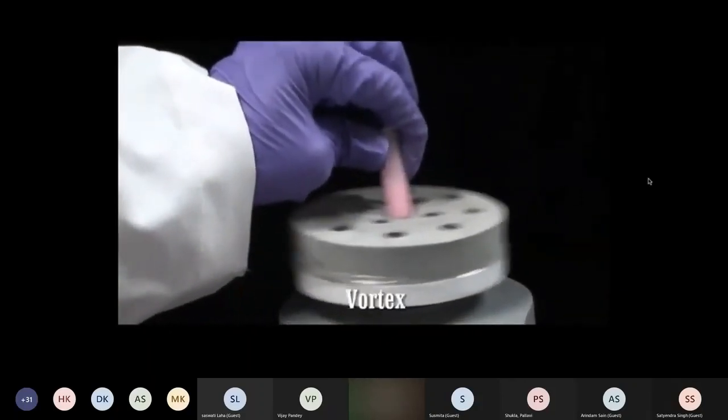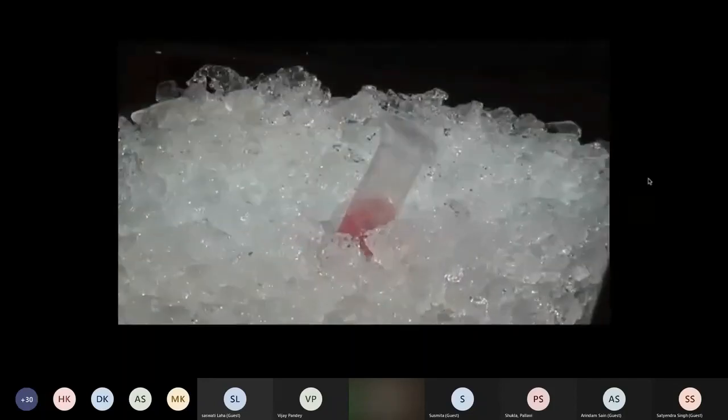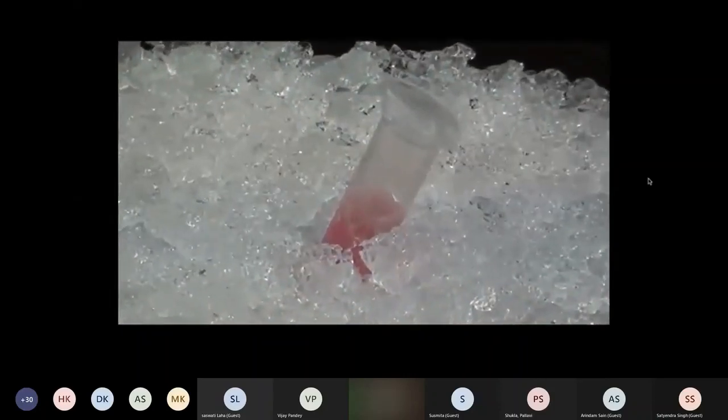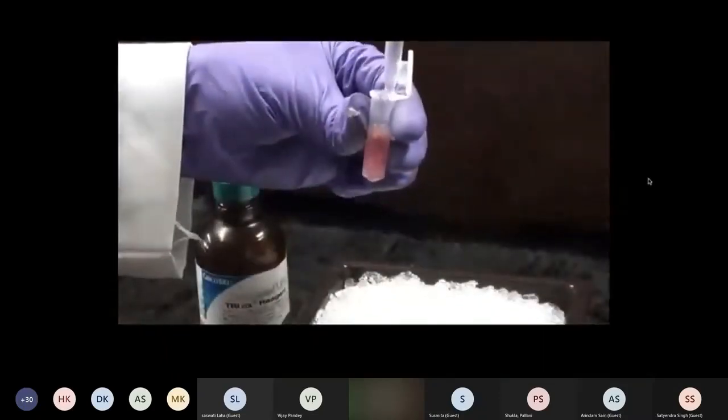Mix the contents thoroughly by vortexing. Next, add chloroform to this solution.